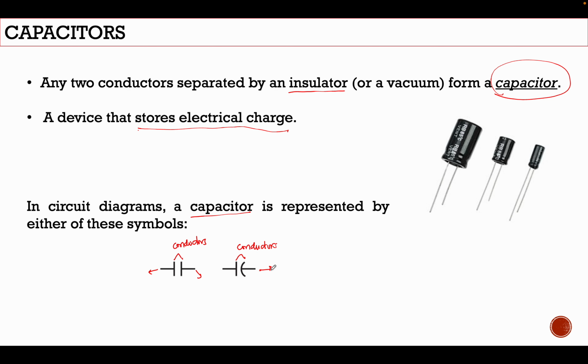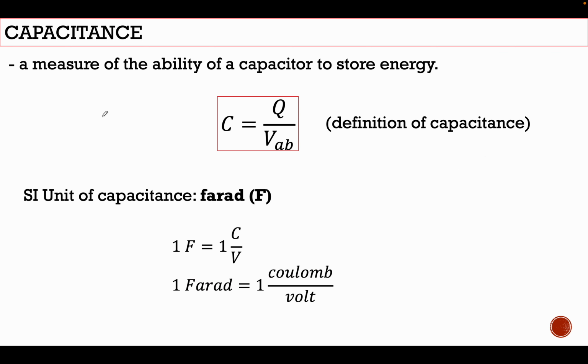So again, the two vertical lines, or one vertical line and a curve, are the conductors, while the two horizontal lines represent the wires that are connected to either of these conductors. Okay. Now, how about the capacitance?